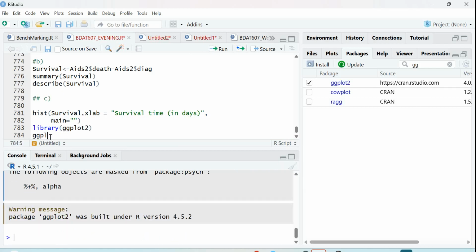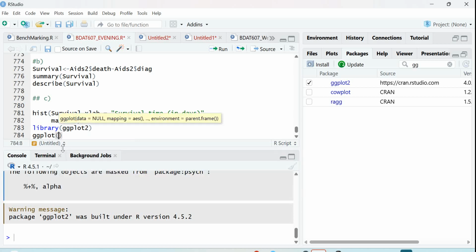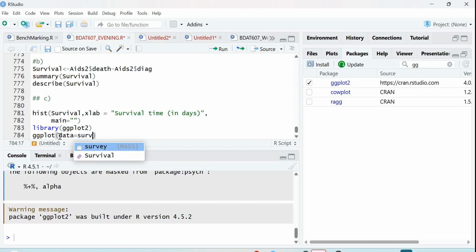So the data will be equal to survivor. No, the data should be the data set, so that the aesthetic x should be the survivor.